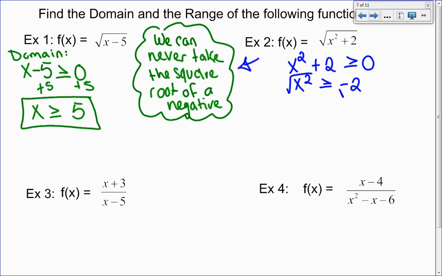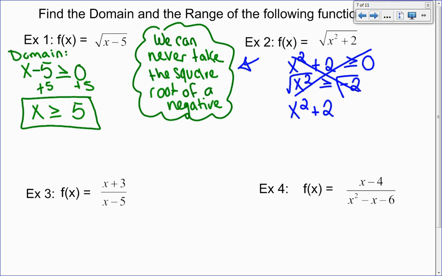And then we're taking the square root of a negative, which doesn't make sense. We can't do that. But if you think about x squared plus 2, there's nothing that you can put in for x that is going to make this a negative expression.